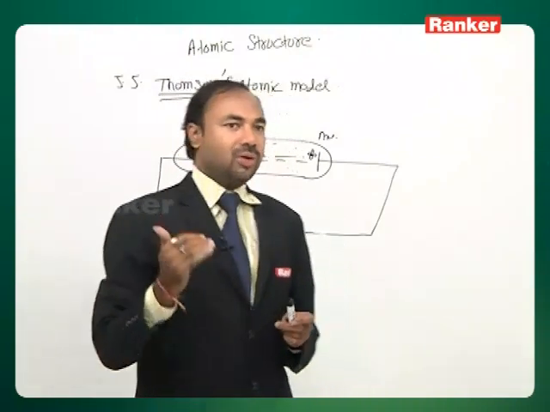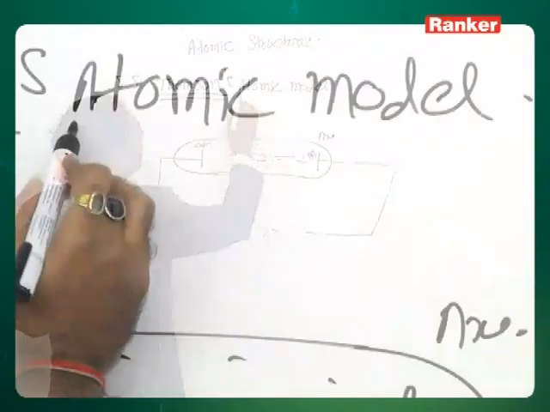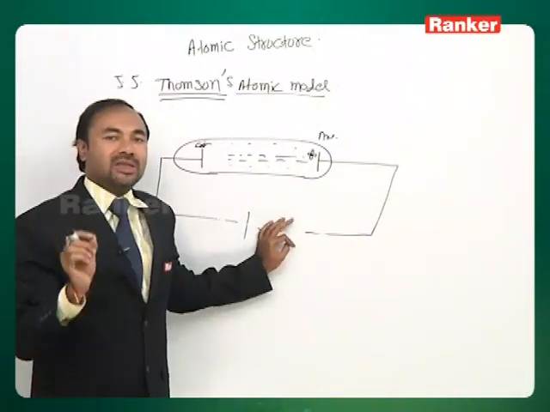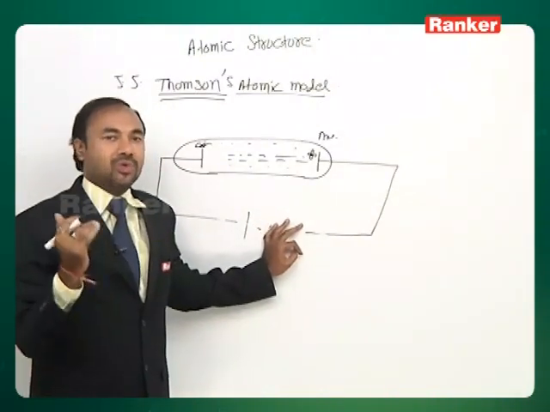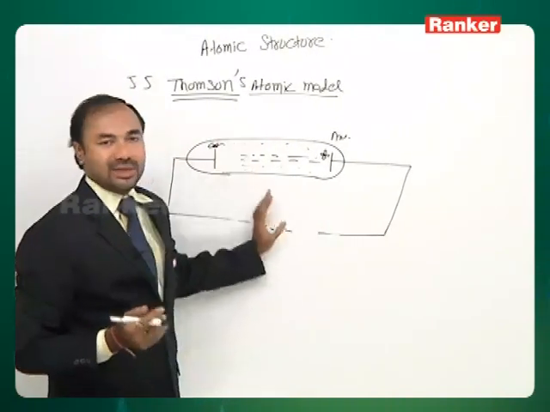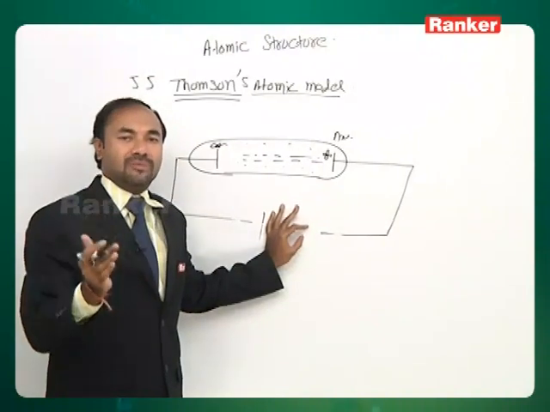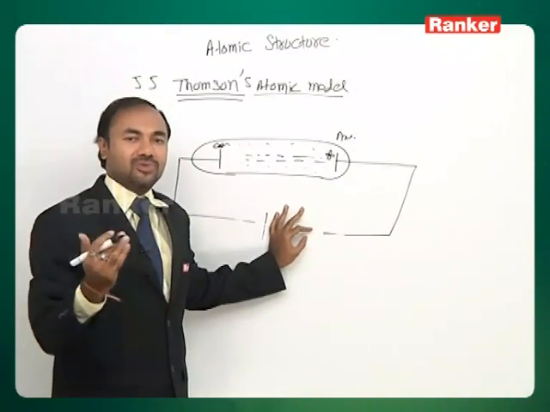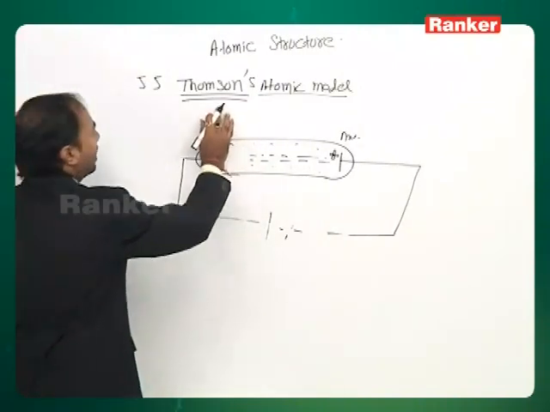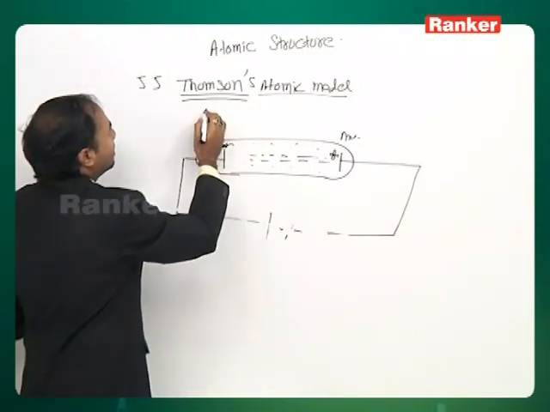So based upon only the electron, he gave his atomic model. One thing Thomson was sure about, that every species in this world is neutral, it is not charged. So what he said, if negative charge exists, then positive charge should also exist.